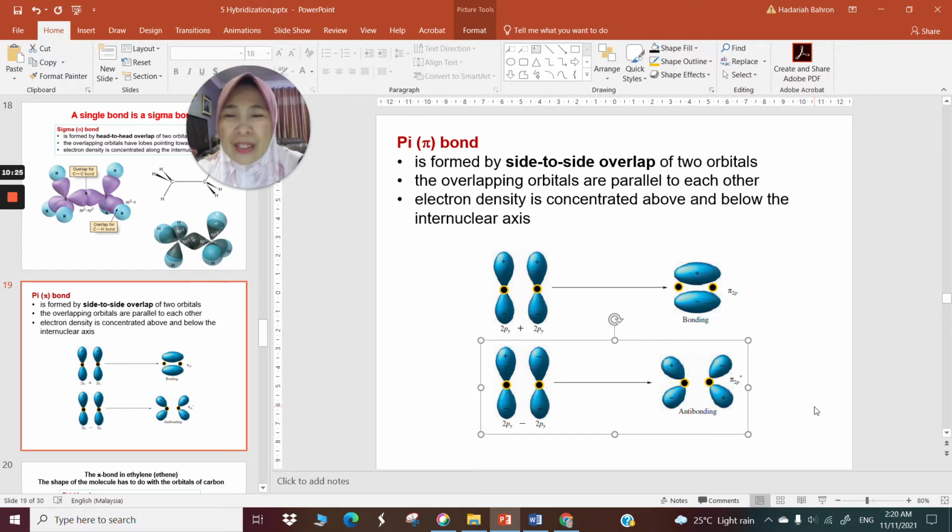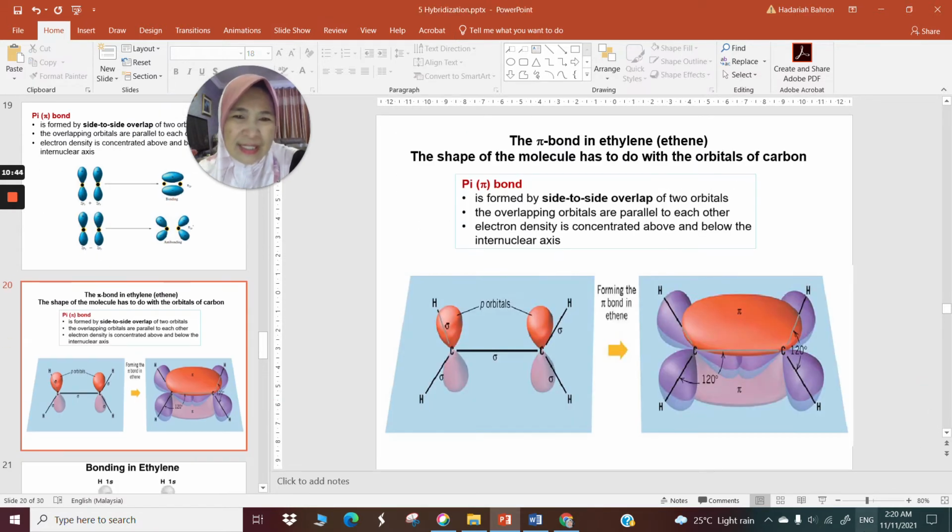You're going to be introduced to the bonding and anti-bonding overlap when you do your next course of inorganic chemistry. Don't worry. Next, the next slide is to show you the pi bond in ethylene or in ethene.